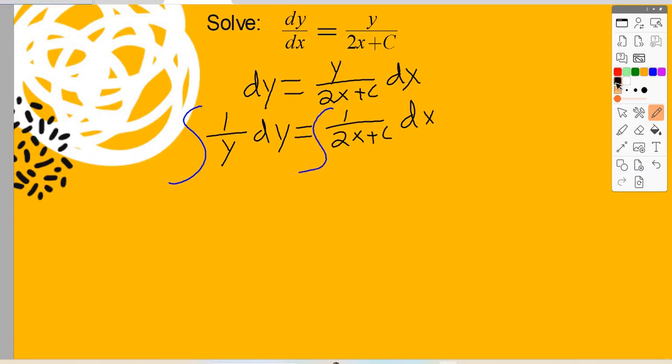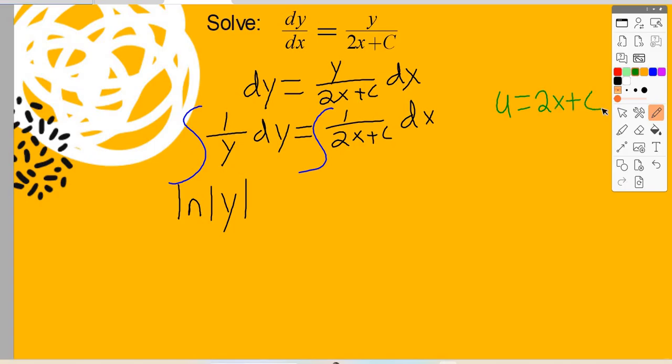What is the antiderivative of 1 over y? Natural log, absolute value of y. We're going to have that a lot in these. What would we have to do on our other side? U-sub.